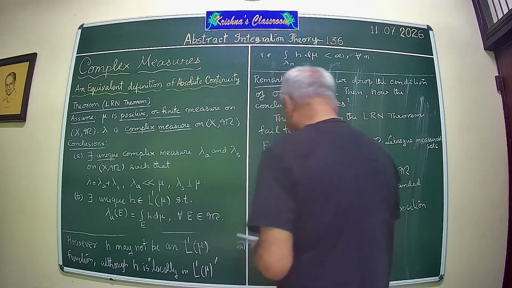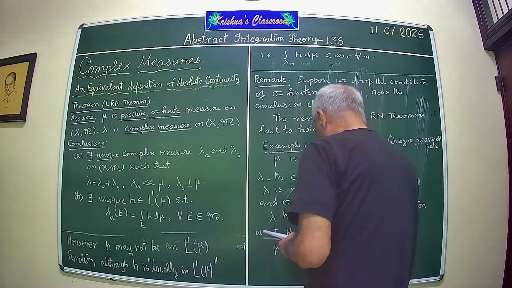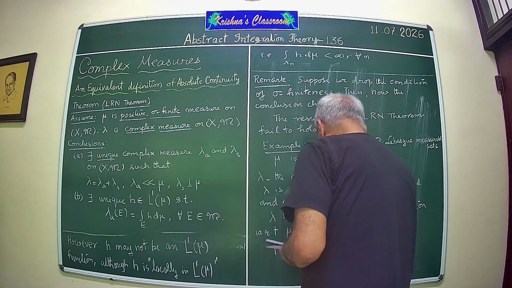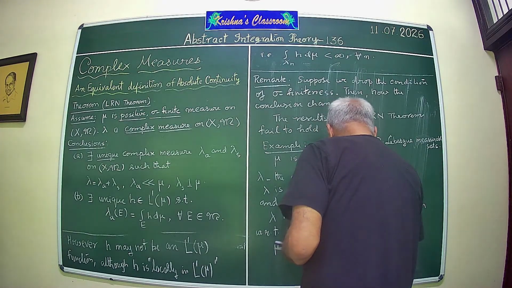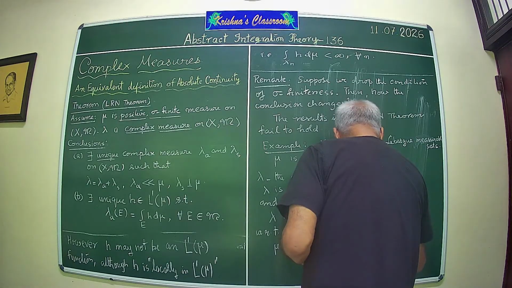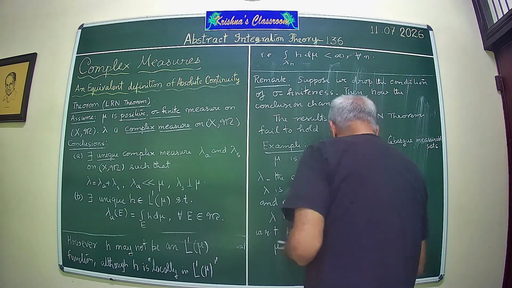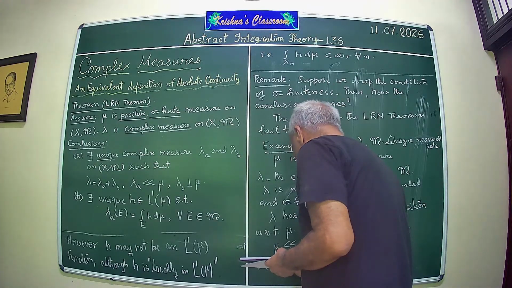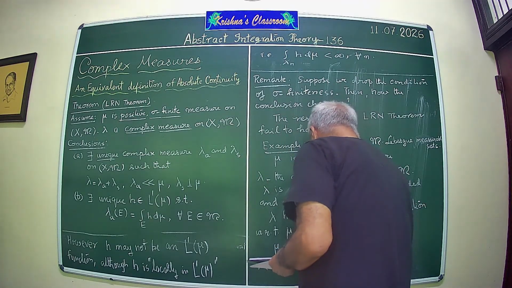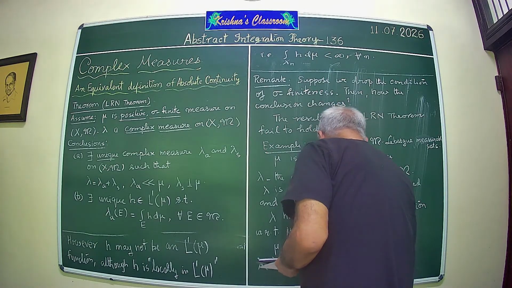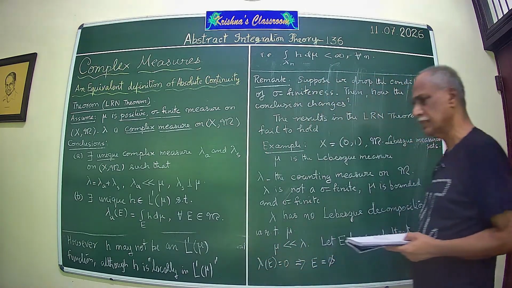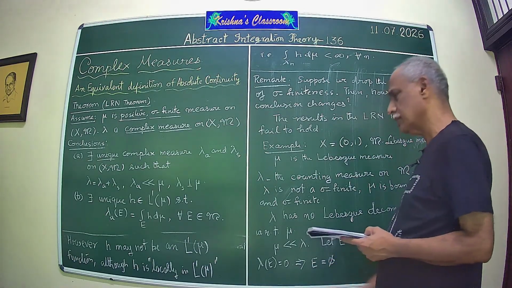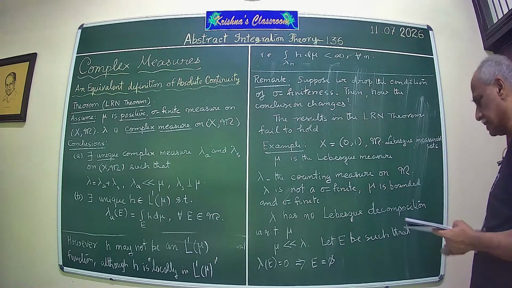Why? Because you take E, lambda E equal to 0, which implies E is the empty set because it is the counting measure that you are considering. So E is a subset with no elements in it.